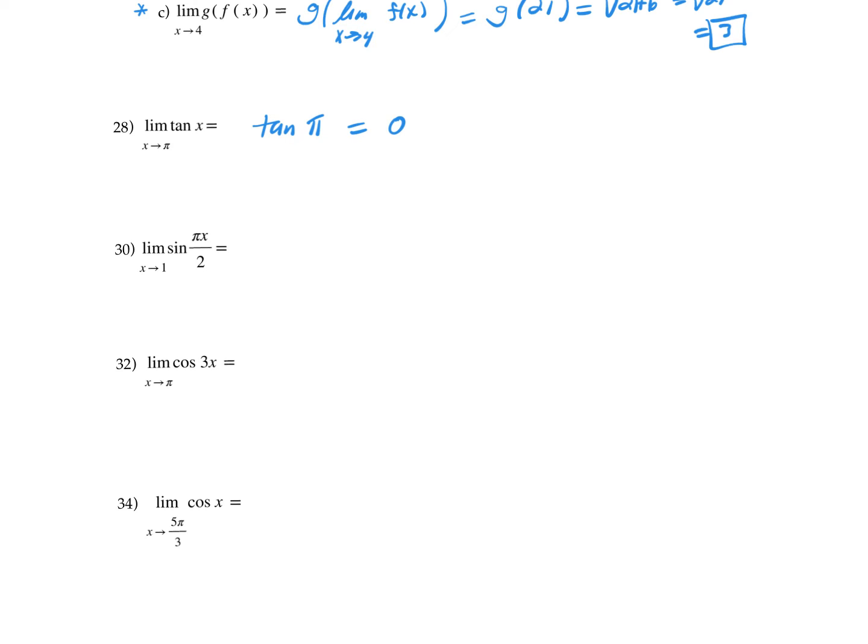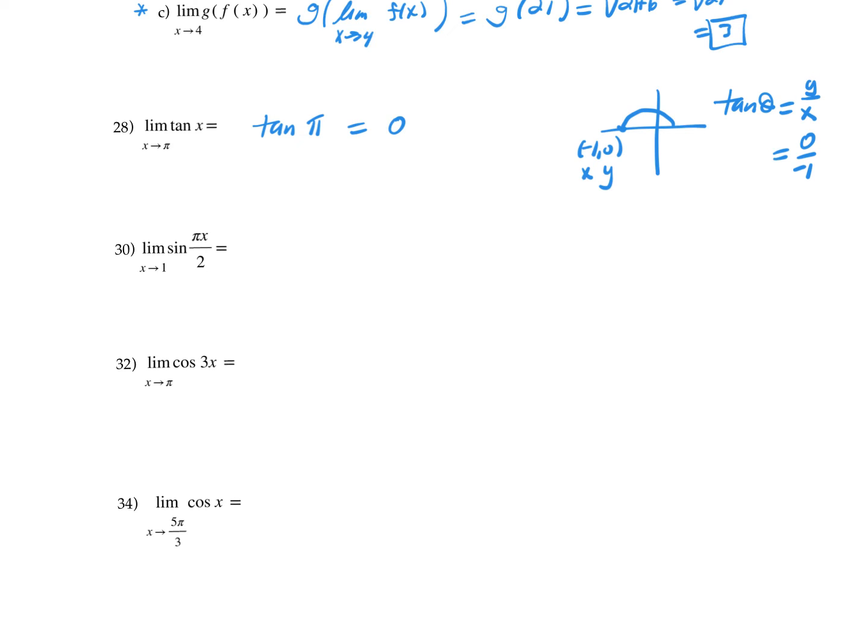Tangent of 180 degrees, you can take a look at it on the graph, or you can take a look at it as the point -1, 0. Tangent of theta is equal to opposite over adjacent, right? So it's going to be y over x, and that's how I'm coming up with 0, because it's 0 over -1. Okay.